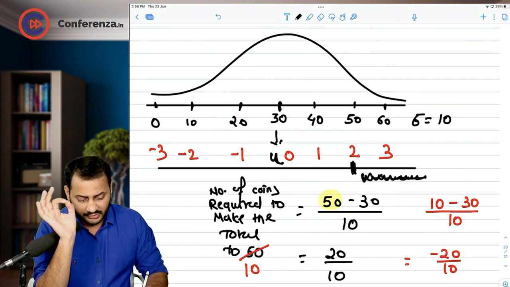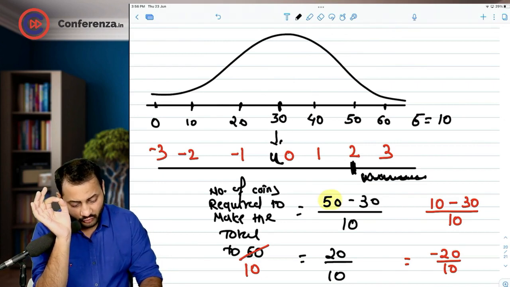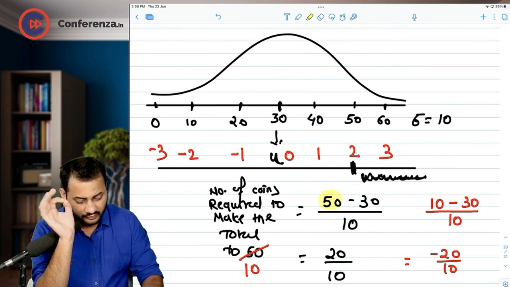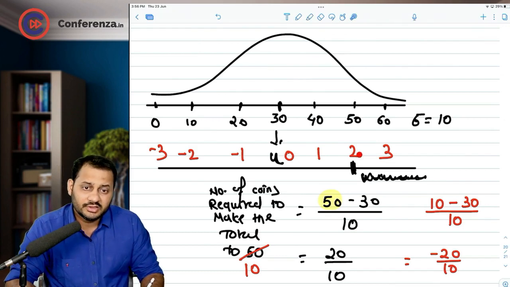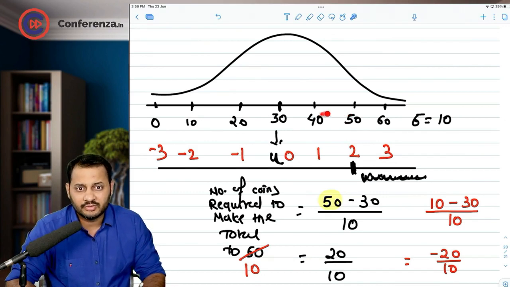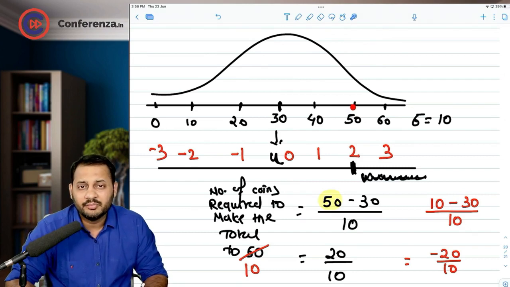And now one more thing. The probability of my answer being at least 2 is equivalent to the probability of me having at least 50 rupees, because this diagram is being converted to this diagram. Now on the basis of this diagram, we are going to find out the probability of at least 2, and then we are going to apply the same probability to at least 50. Now understand the meaning of what I'm saying.